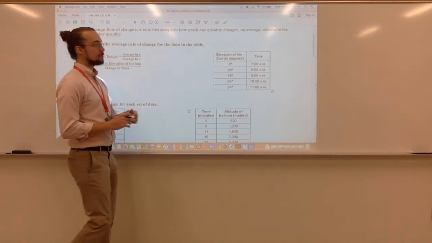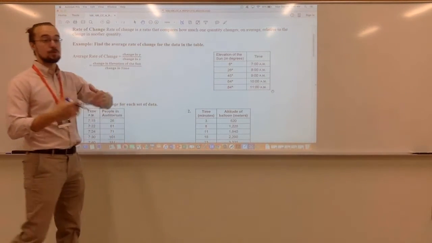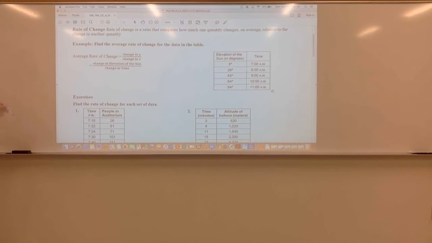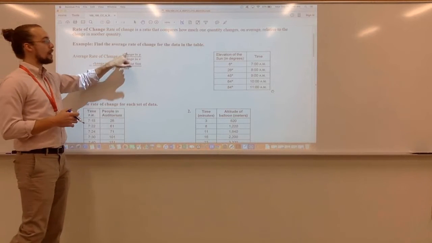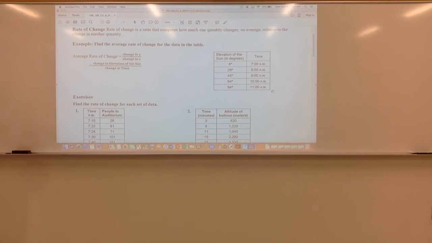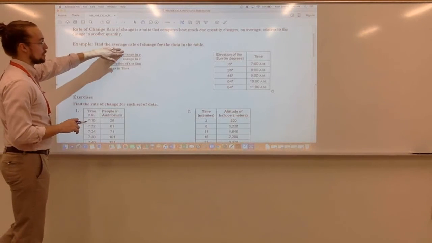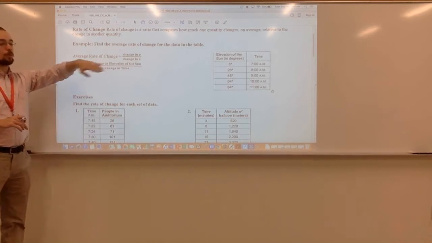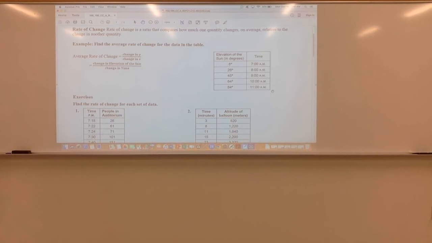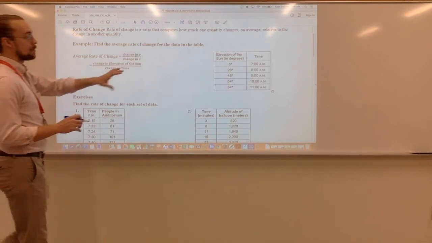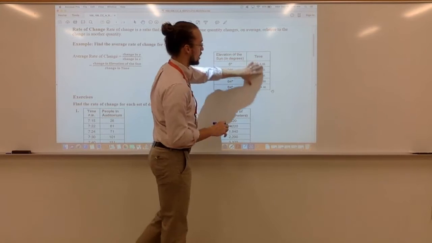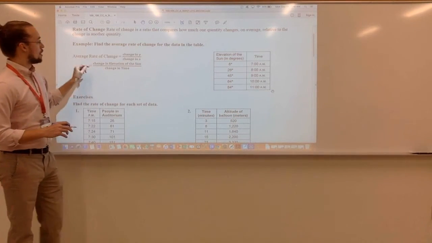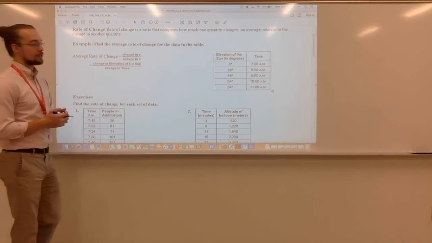If you remember thinking about slope, slope is always the change in the y values divided by the change in the x values, or the change in the dependent variable over the change in the independent variable. If we're given information like this in a table, it's just going to be the total change in elevation of the sun.